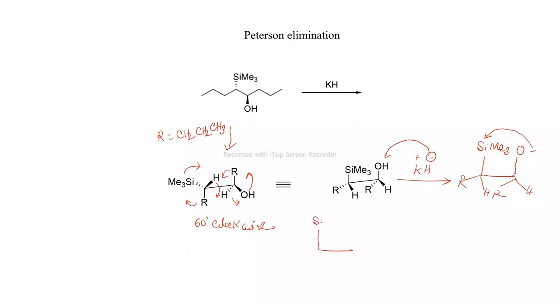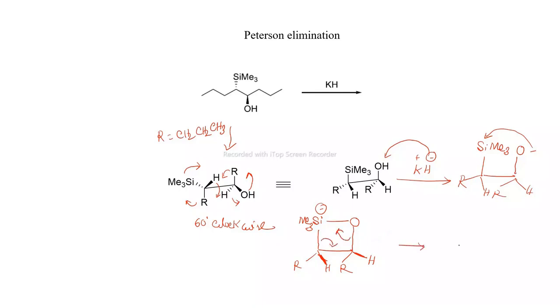The transition state should be like this: SiMe3, oxygen, here H, here R, here H, here R. This H and H will be on the same side. After that the bond break will happen like this.